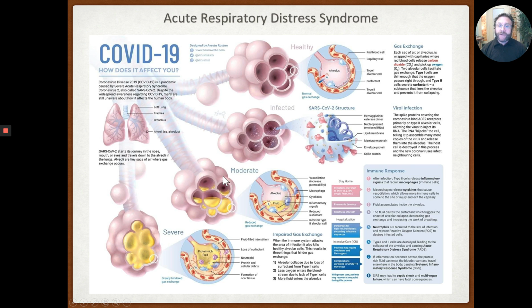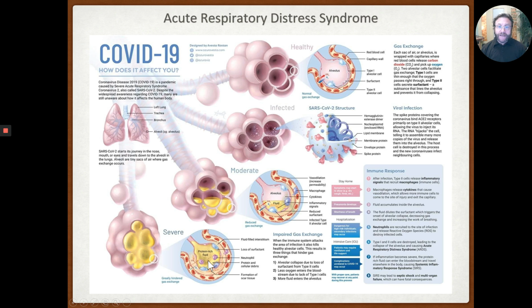So that immune reaction will release a lot of inflammatory signals, more cytokines, and fluid starts to accumulate. And this will reduce the surfactant's ability to diffuse oxygen, and people will start to feel shortness of breath at this stage.